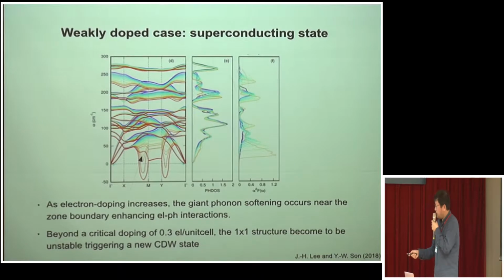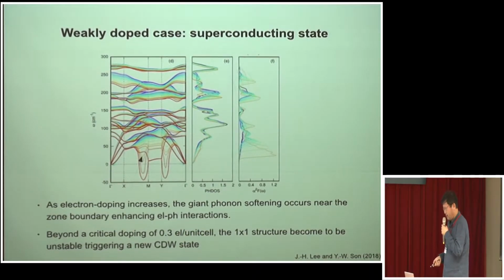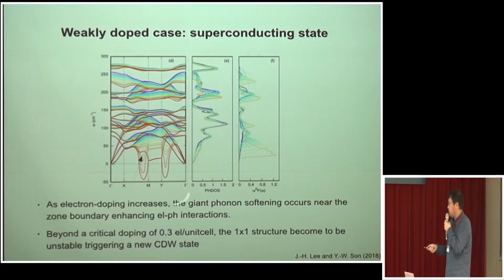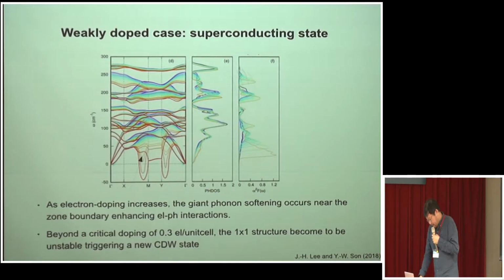But if you look, the critical doping is 0.3 electron per unit cell, about 10 to the 14 electrons per square centimeter. The phonon becomes negative, indicating the structure doesn't stay at its original position. But the important thing is that the frequencies and the softening Q vector don't change as a function of doping, indicating that the CDW is not from nesting, but from electron-phonon softening, or strong electron-phonon interaction.